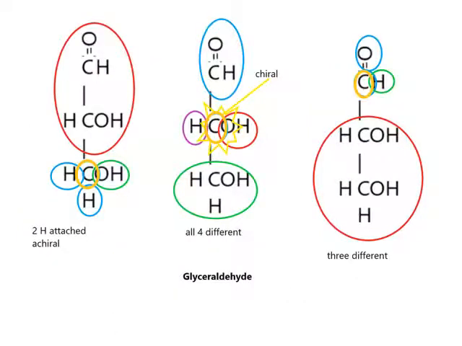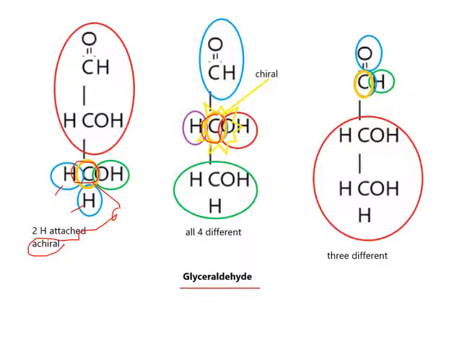Okay, now let's look at glyceraldehyde. So let's start from the bottom. This has 1 carbon, and notice that it has a hydrogen, so it has 2 of the same thing, so no, it doesn't have 4 different things attached to it. So this carbon here is achiral. Right, so now let's go up. Let's go to number 2.